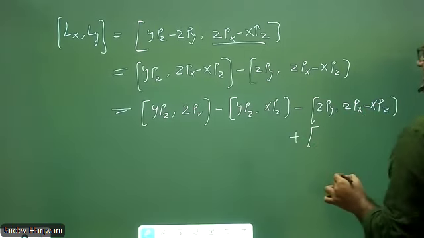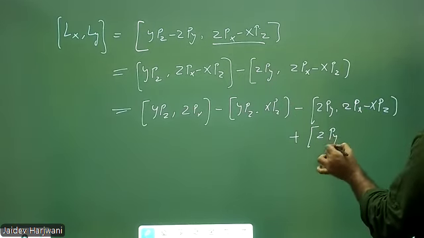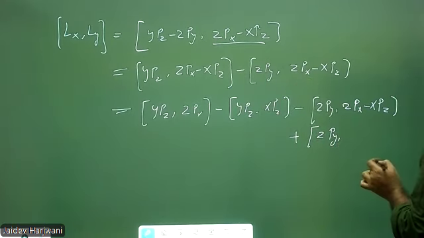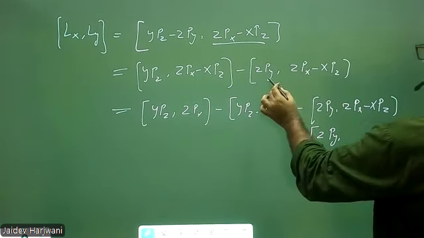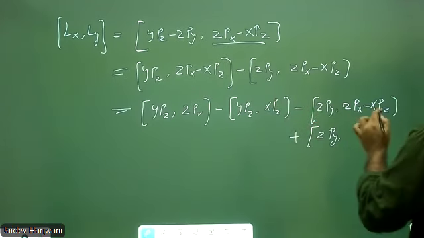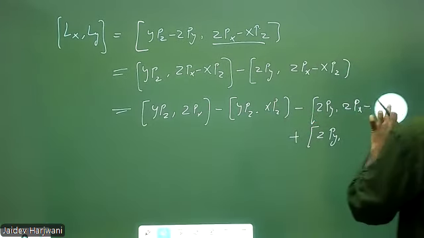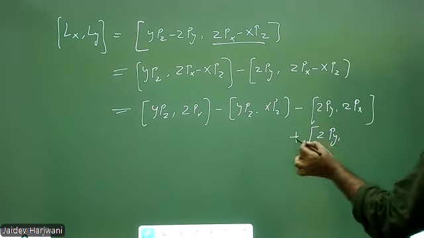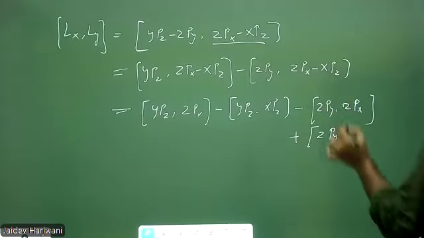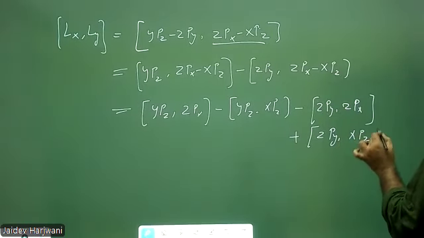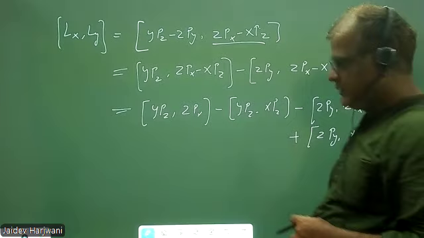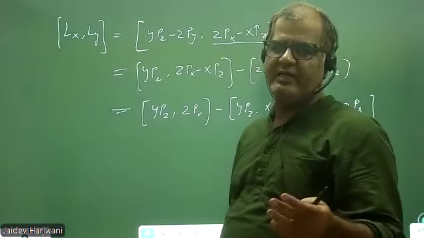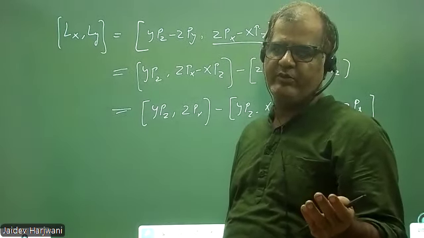So you have z py with z px, and then plus z py with x pz. Now we know only x and px, y and py, z and pz do not commute.